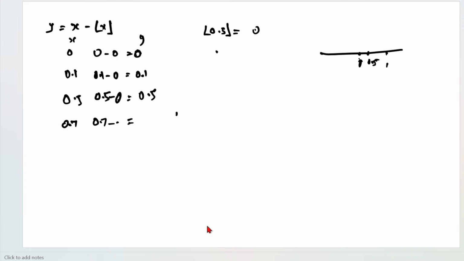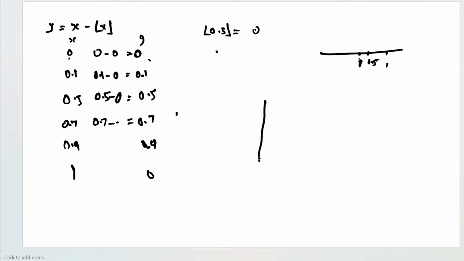It is 0.7. Very good. If it is 0.9, it is 0.9. If it is 1, then what will happen? It is 0. At 0, it is 0. At 1, it is 0.